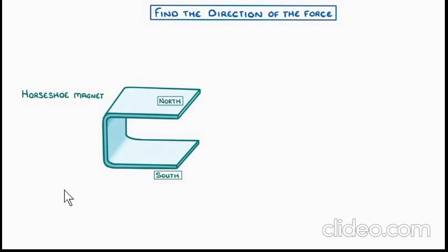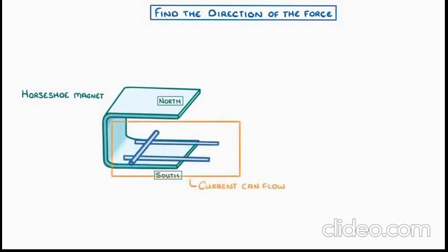The horseshoe magnet has a north pole and a south pole, and let's put three conductors inside in this form so that the current can flow over here. These two, which are on the south pole, are the fixed conductors, whereas the third conductor over them is free to move over these two rails of conductor.